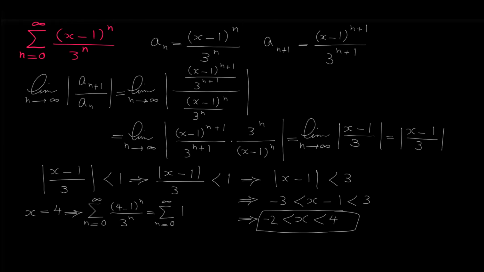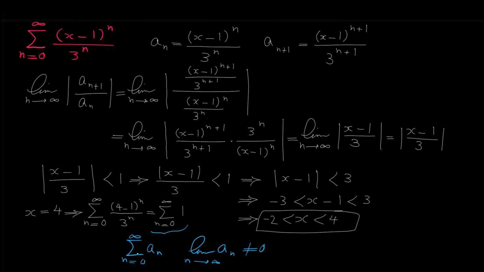First of all, note that this series doesn't pass the divergence test. Let me remind you of the divergence test for series. If you have a series in the form of the sum from n equals 0, 1, or any other number to infinity of a sub n, if the limit of a sub n as n approaches infinity does not equal 0 or does not exist, then the series is divergent.